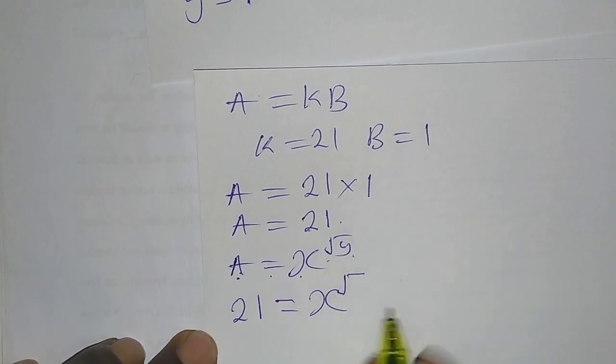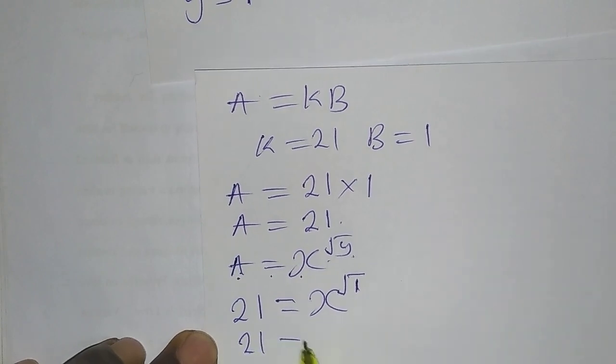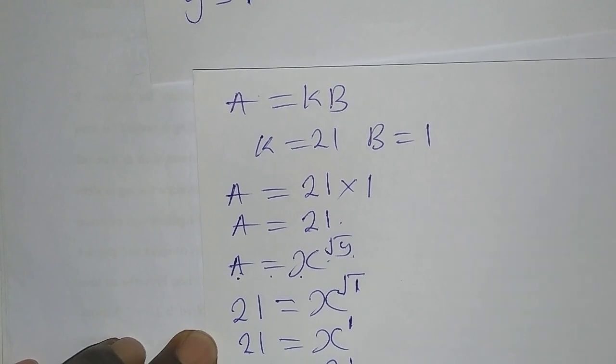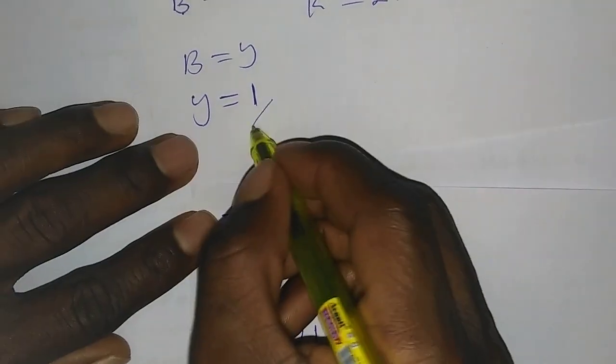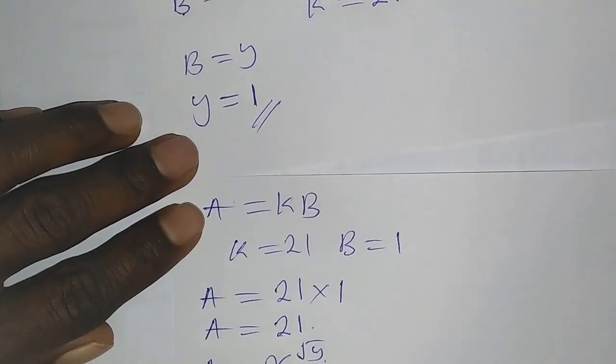But our value of y is 1. Therefore, 21 is equal to x to the power of 1. Now, x is equal to 21. This is the first value of x, and this is the first value of y.